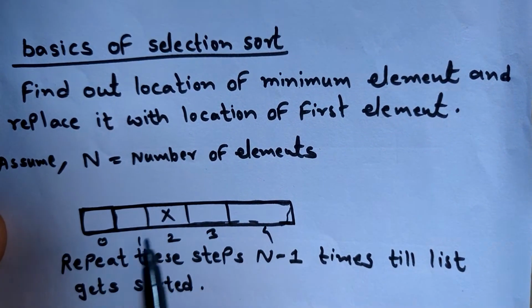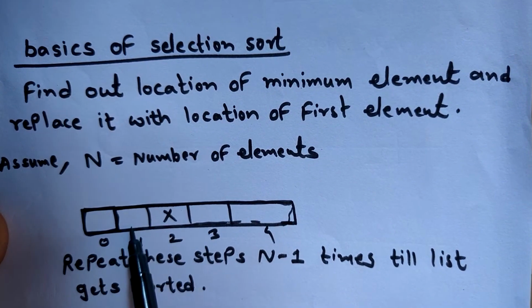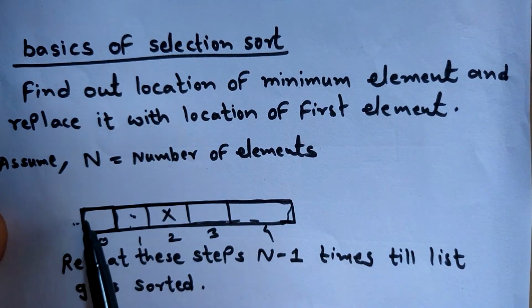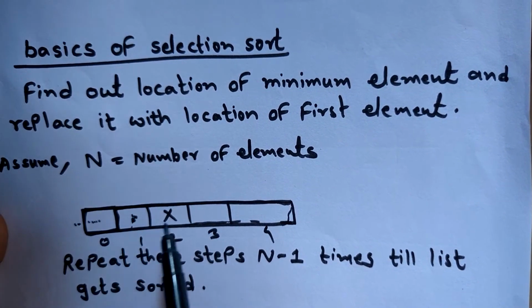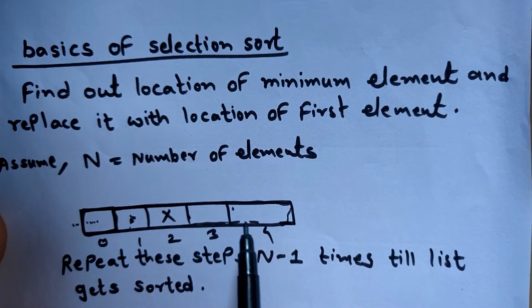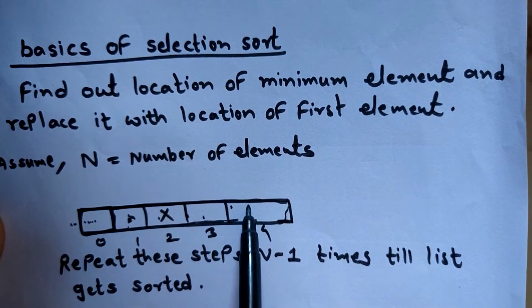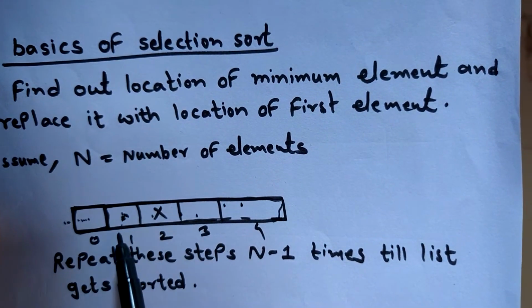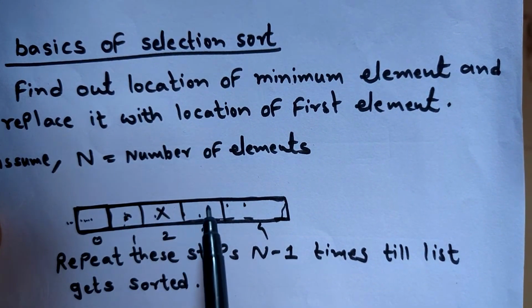So next time, what is the first element? This one, not this one, because this is already sorted. This one is the first element. Then 1 2 3 and 4, these are the elements. Next time we find again the minimum element.